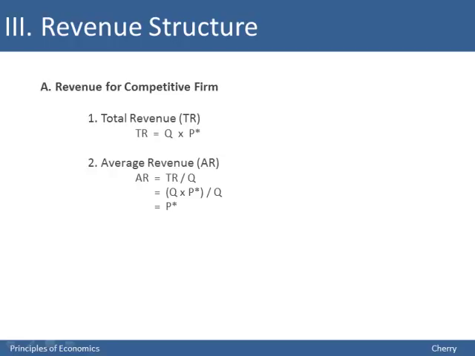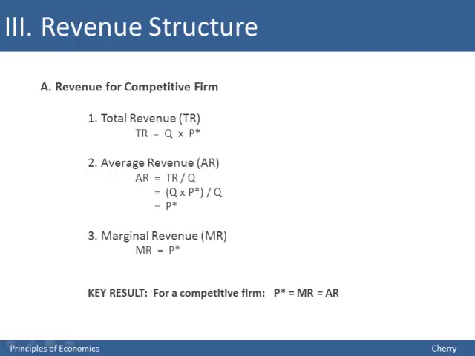The price is fixed. And then you have marginal revenue. If you sell one more unit at the same price, then that marginal revenue is going to be the same. A key result for a competitive firm is that price equals marginal revenue equals average revenue. And that's because the price is fixed across production levels, right? The price is the same for all quantities that you might produce.